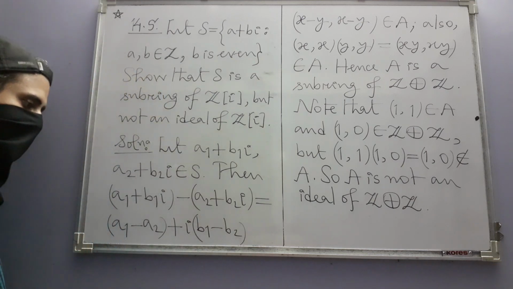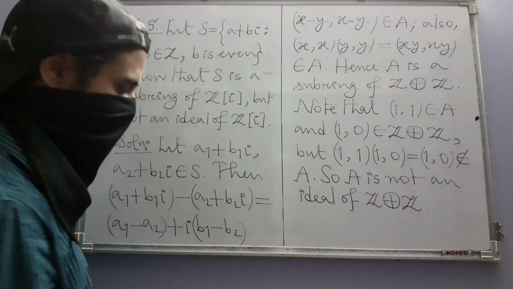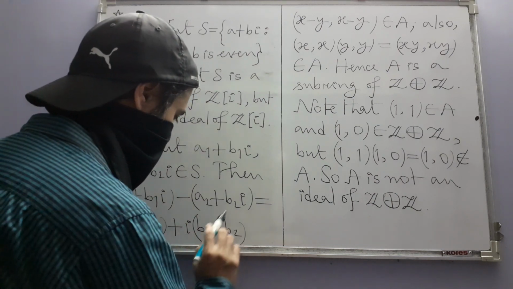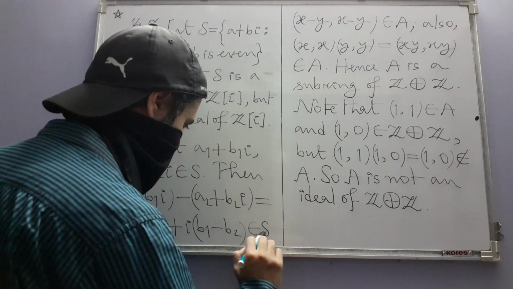And note that since b1 and b2 are both even, their difference is also an even integer, so that's why this complex number again belongs to S.